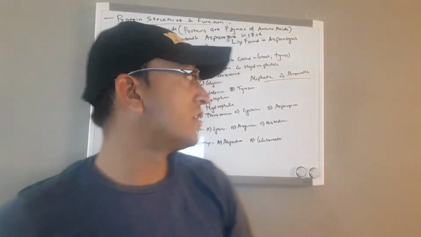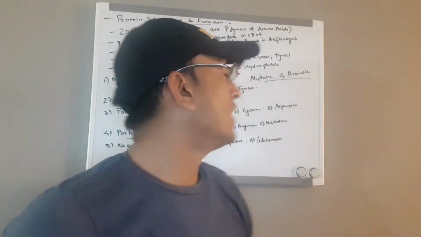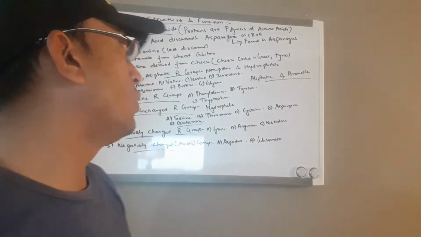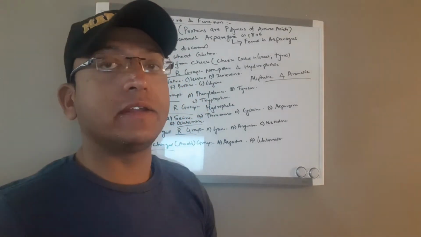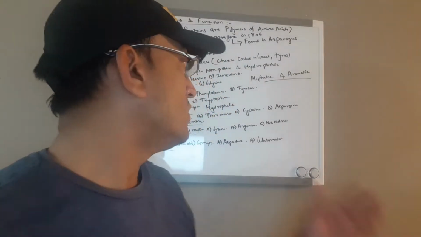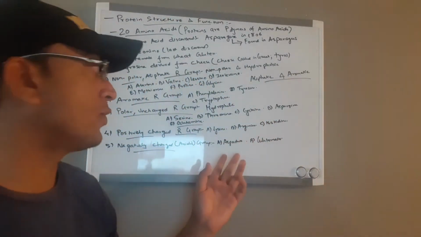The amino acid names are given as a three-letter abbreviation, or three-letter code, and a one-letter symbol. For example, alanine is Ala, and the symbol is A, and so on for all 20.